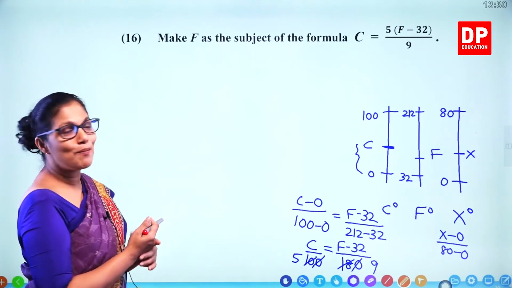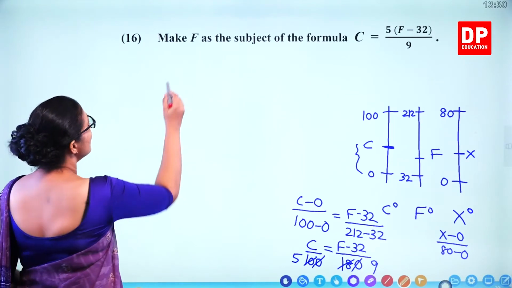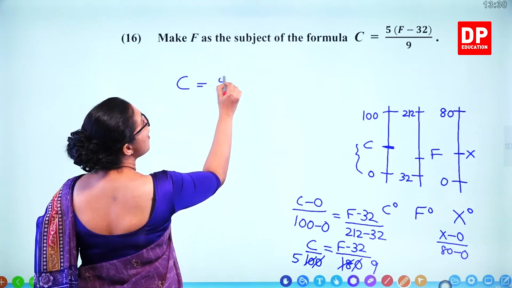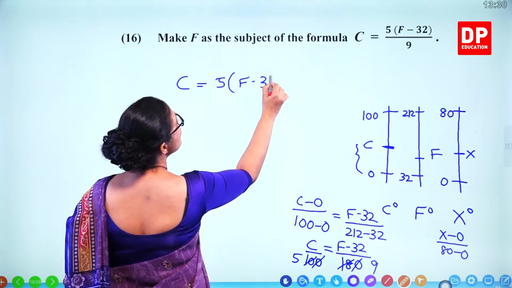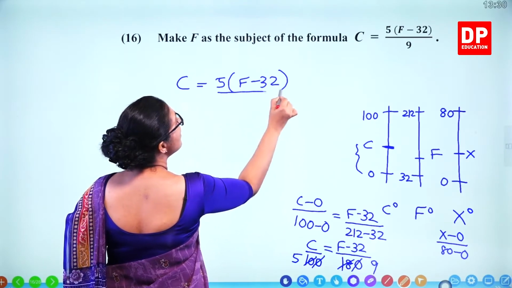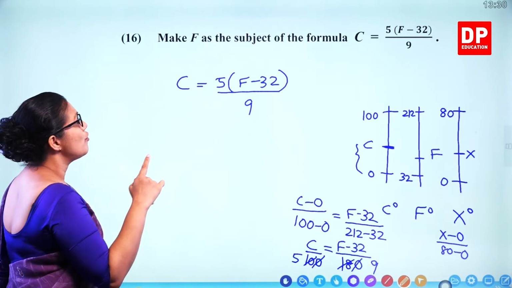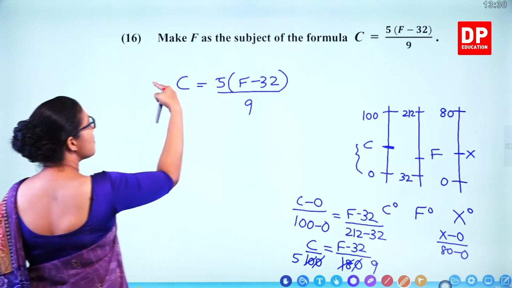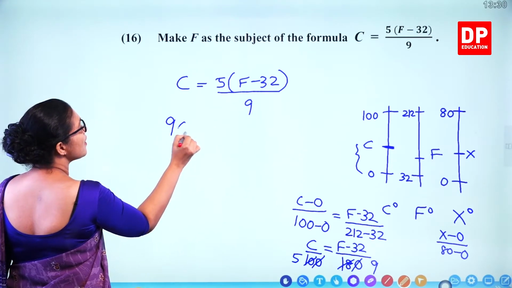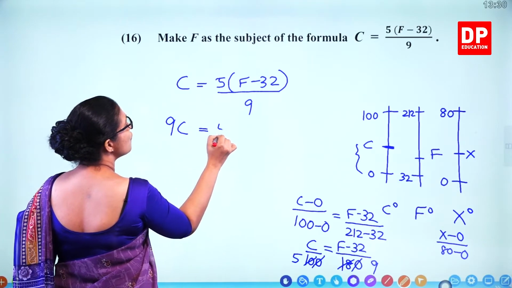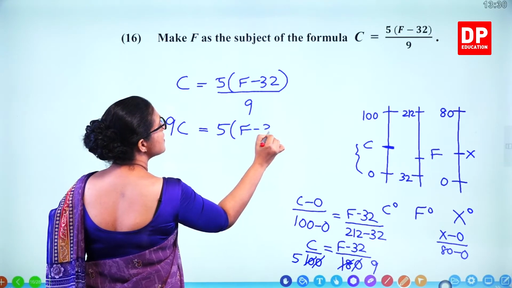Make F as the subject of the formula. So C is given as 5 times F minus 32 over 9. So you need to make F the subject. So first multiply by 9. 9C is equal to 5 times F minus 32.